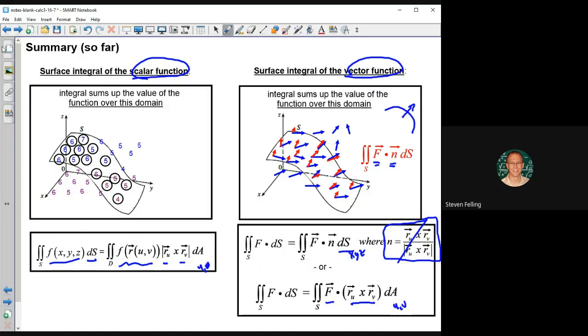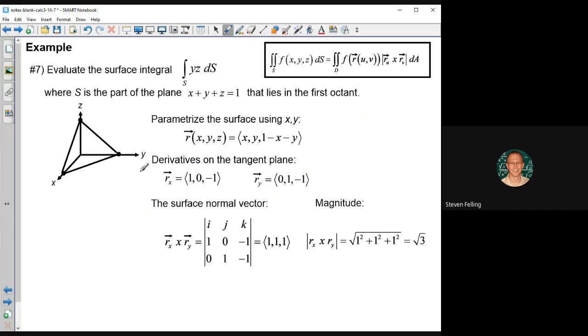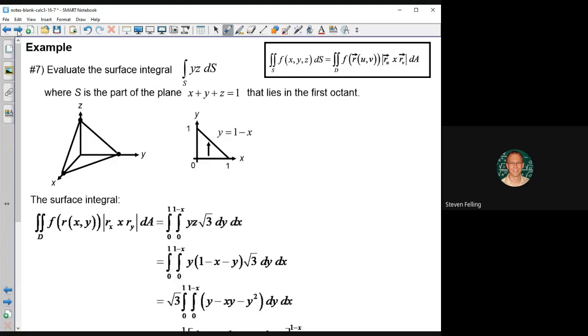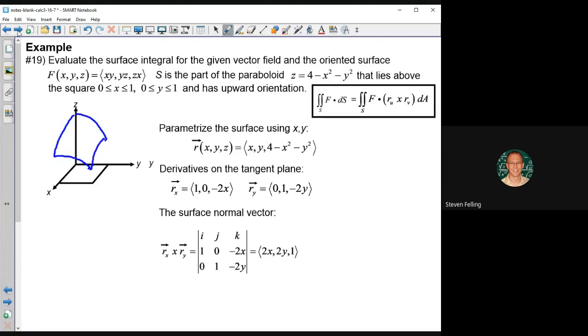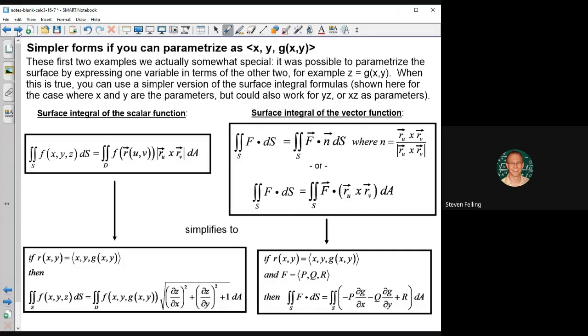Now, there are some simpler versions of these formulas if you're able to do your parameterization using x and y as the parameters. Let me just jump up to that and then we'll go back and look at these. There's a simpler form if you can parameterize using x and y and write z as a function of x and y.